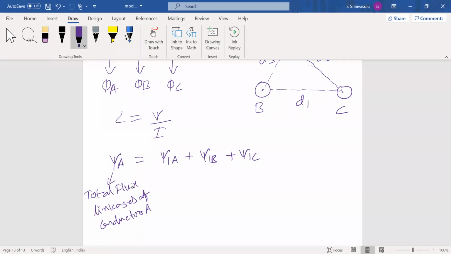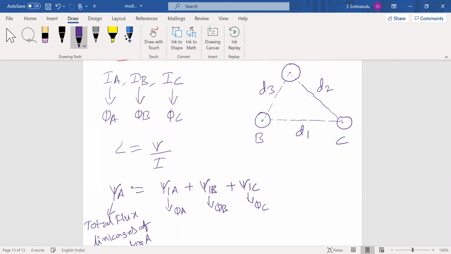Psi A is the total flux linkage of conductor A. Psi 1A is the flux linkage of conductor A due to phi A flux, psi 1B is the flux linkage of conductor A due to phi B flux, and psi 1C is the flux linkage of conductor A due to phi C flux. Why? Because in the surrounding, more flux will be created. Suppose your own flux is here; phi B flux will also be created.